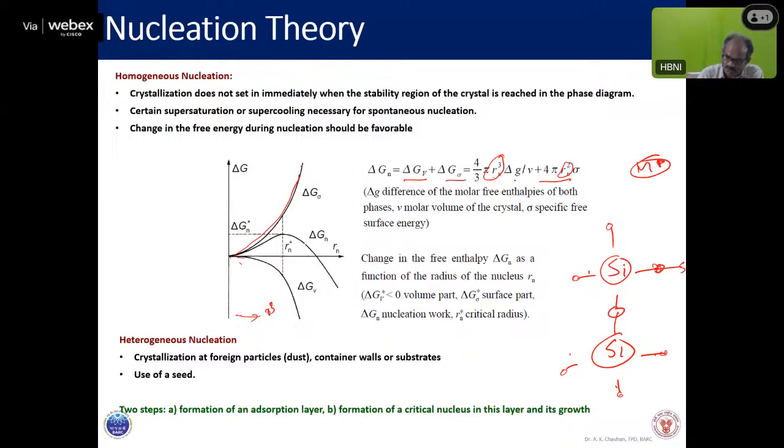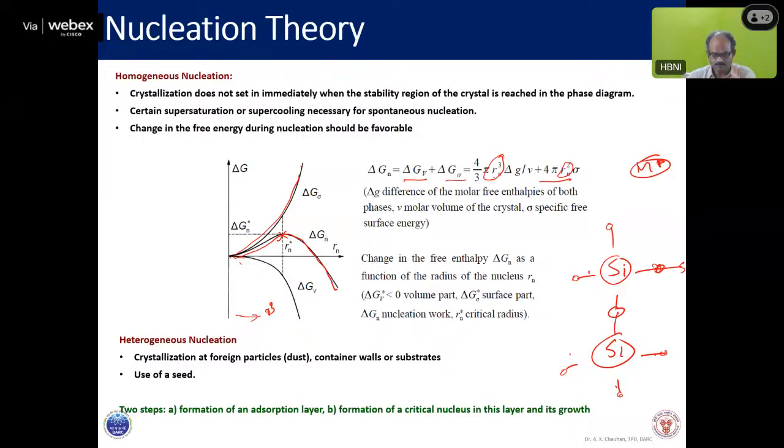The total energy is the sum, and you will get a curve like this. Up to this point, if you increase the size, the energy is increasing, so that is not a favorable condition.